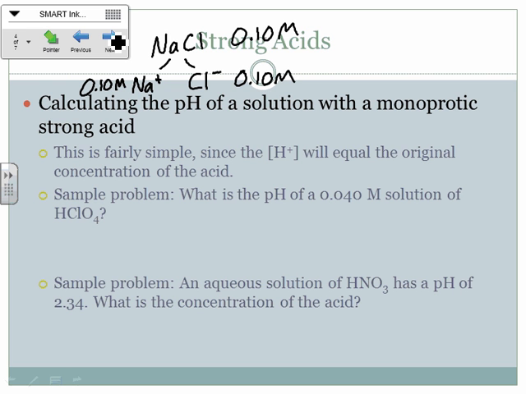So it's just thinking about that ratio. So with all of the strong acids except for H2SO4, the H+ concentration is going to be the same as the original concentration of the acid. Okay? Because it completely dissociates and because it's just a 1-to-1 ratio there in the formula.